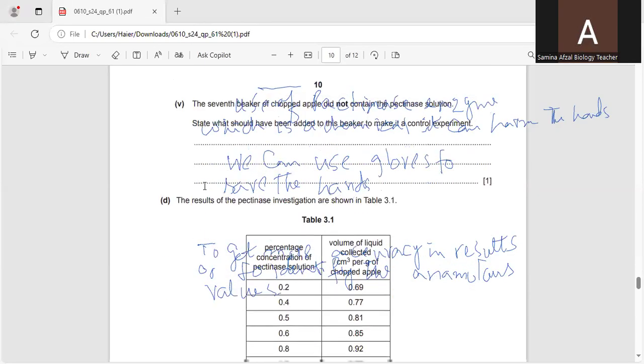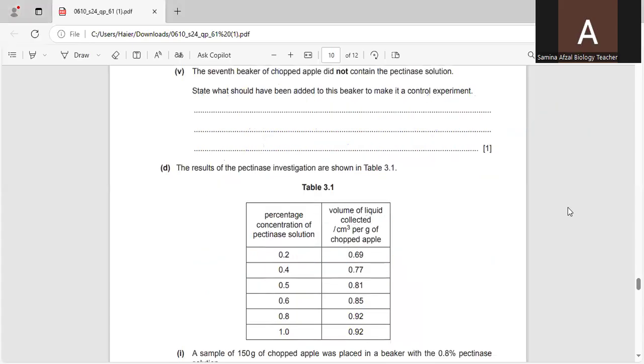Next question, question number 5. The seventh beaker of the chopped apple did not contain the pectinase solution. State what should have been added to this beaker to make it a control experiment. We have to keep the volume the same in all 7 beakers.